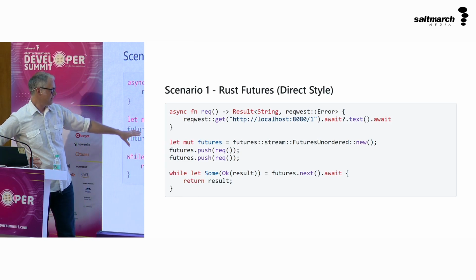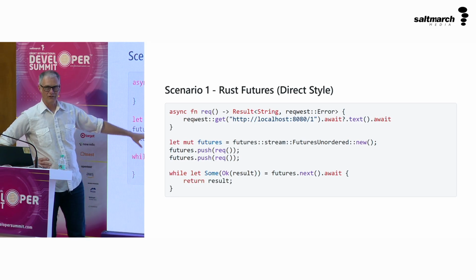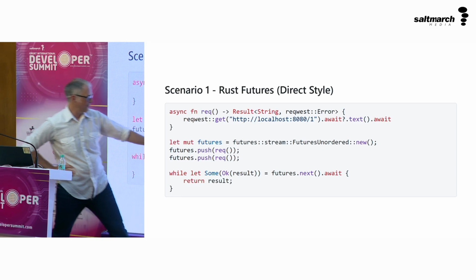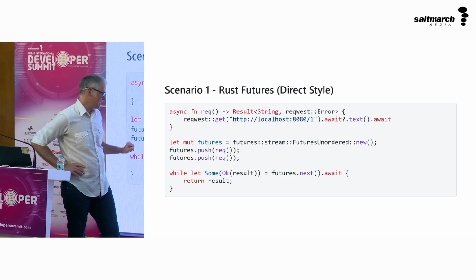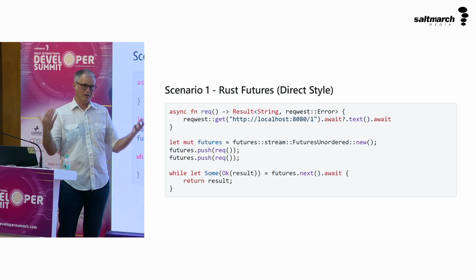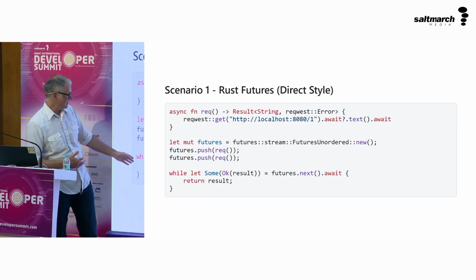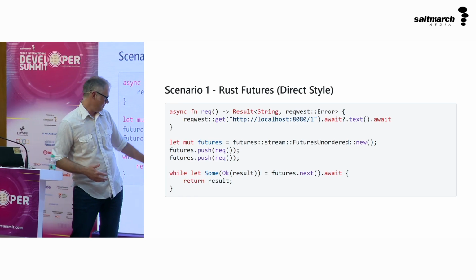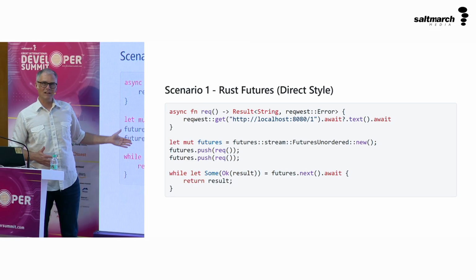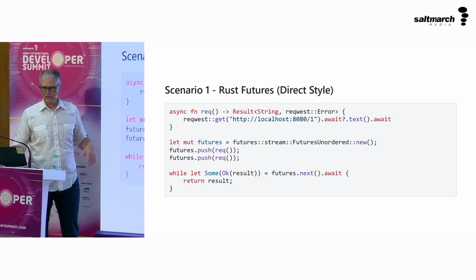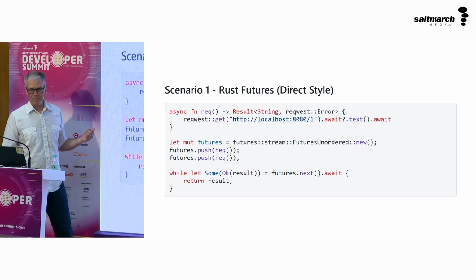And then in this one, we just create a list of our futures, and then we call futures.next and await that. That .next is what's actually going to do the race for us. So this is in a while let, pattern matching on a sum with an OK. But this is the basic direct style in Rust for how we would do a basic race.